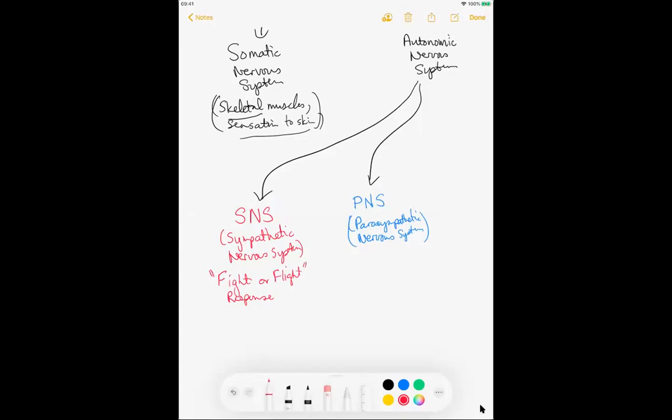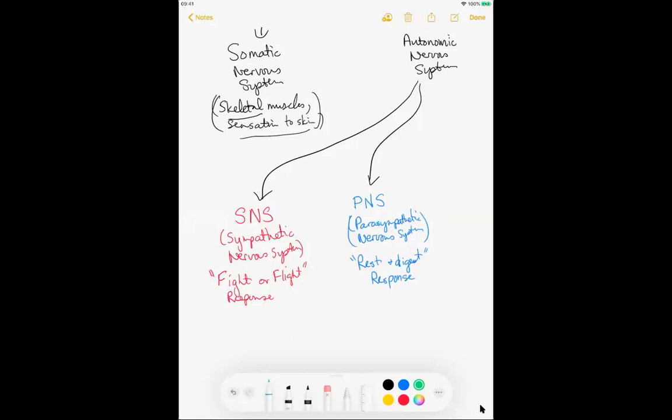And the parasympathetic response is sometimes referred to as the rest and digest system. So when you're not being chased by a shark or by a grizzly bear, you're in your parasympathetic response. That's what most people think of when they think of the autonomic nervous system.